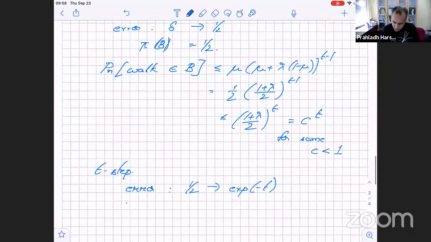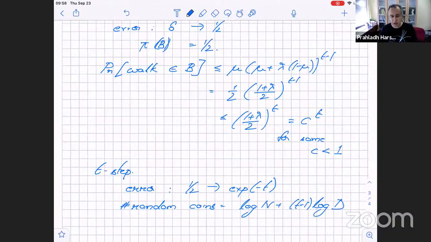And let's look at the other parameters. What is the number of random points you used? The number of random points is log n for the first step, plus t minus 1 times log d. This is the total number of random bits that we need. The first thing you have to pick is a random vertex, and then you have to pick t minus 1 more steps.